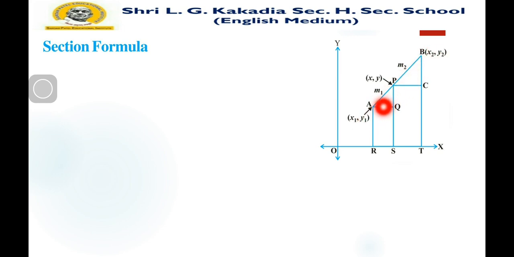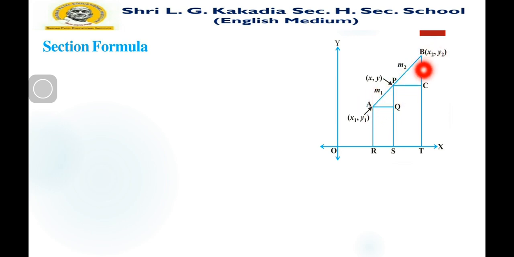We take that P divides AB from point A: AP is m1 and PB is m2. If we say that P divides AB from B, then PB is m1 and PA is m2. So we consider that P divides AB in the ratio m1 by m2.